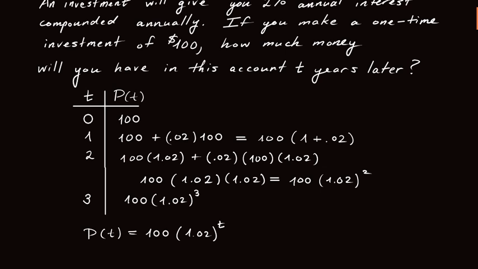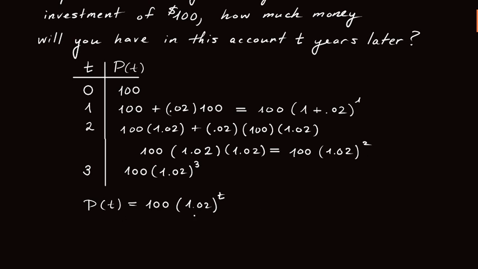So if t is 3, you get cubed. If t is 2, you get squared. If t is 1, you get this. So this is the general formula: 1 plus the interest rate, to the t, times the initial amount, which is P of 0.